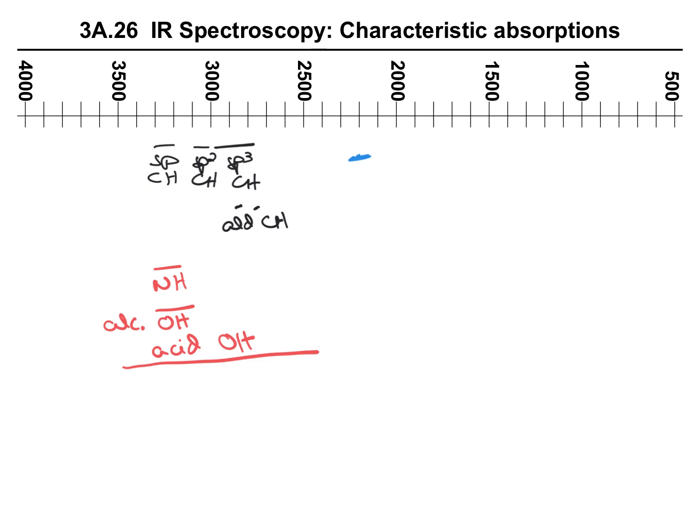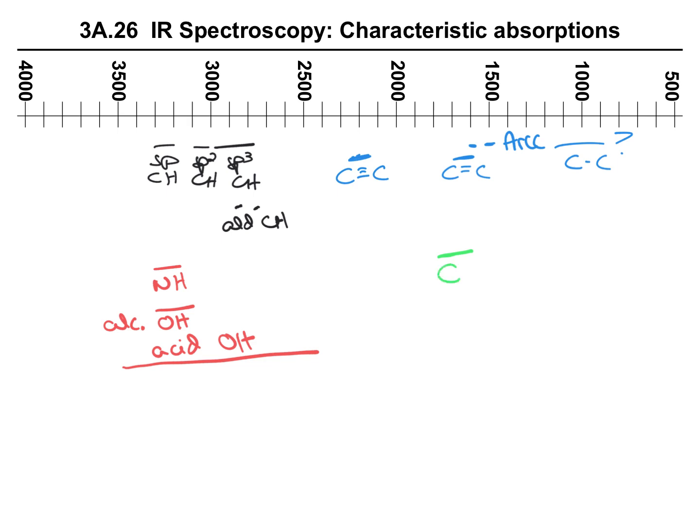Around here is where we find carbon-carbon triple bonds. And in comparison, this is where we find carbon-carbon double bonds. And then about here and here is where we see our aromatic carbon-carbon bonds. And then somewhere in here is where we have our carbon-carbon single bonds.